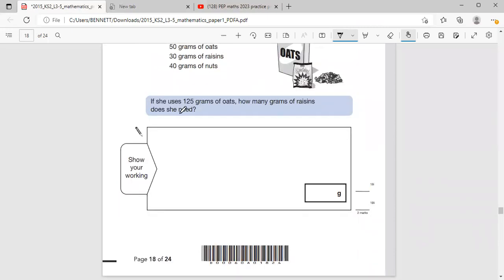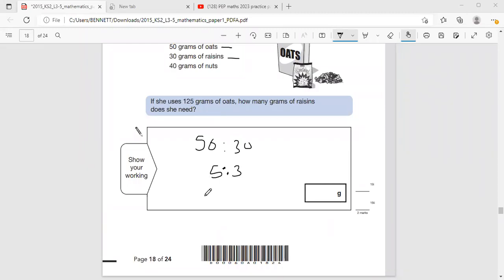We are comparing oats and raisins. So let's calculate the ratio. The ratio would be 5 to 3. That's the ratio, right?